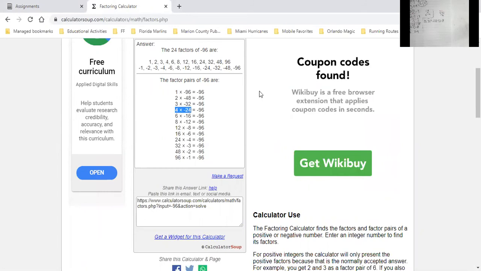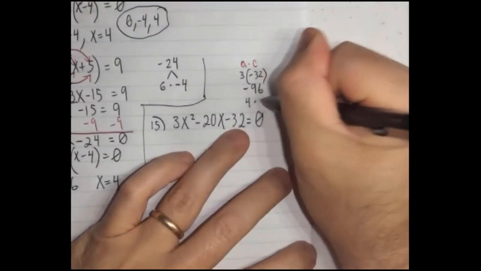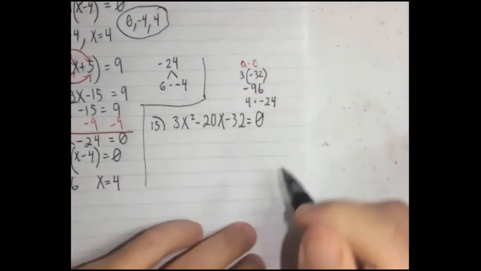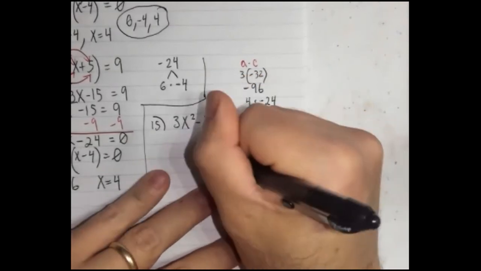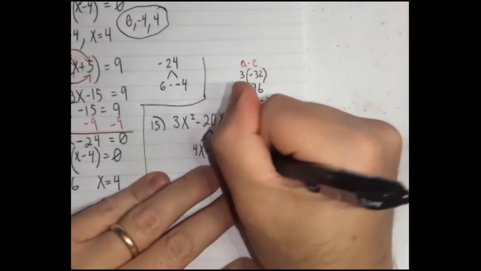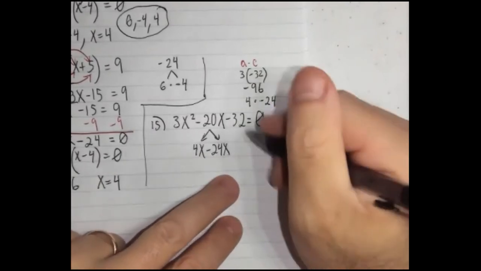4 times a negative 24, and that's what I'm using to rewrite the negative 20. So I'm going to have 4x minus 24x. Again, if you add those together, I get negative 20.